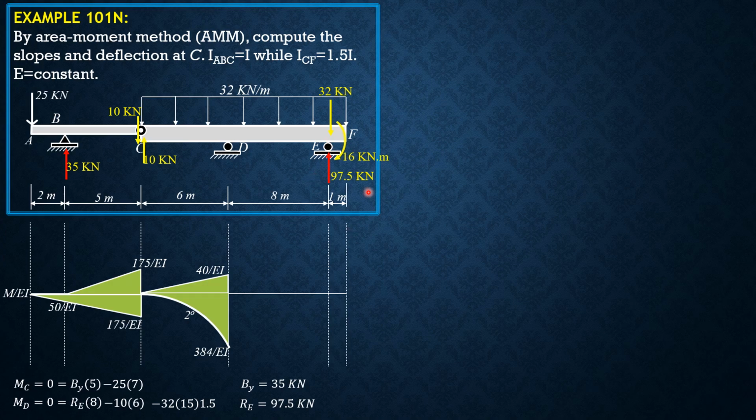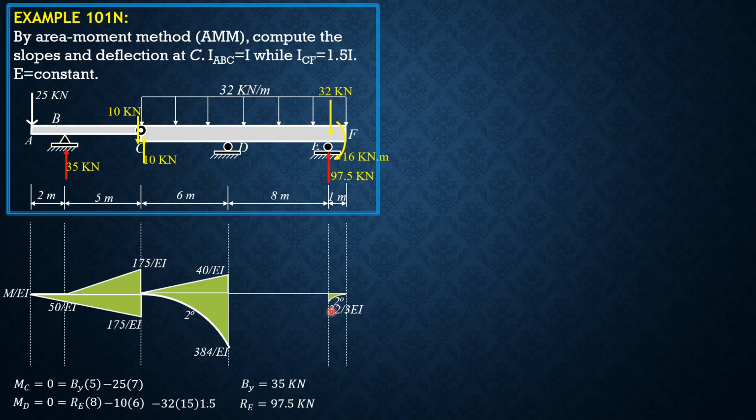So this is a moment of 16 kilonewton meter, which is clockwise. And let's plot that from F to E. So this is second degree, and we have 16 divided by 1.5, so 32 over 3. 32 times 1 times 0.5 is 16.